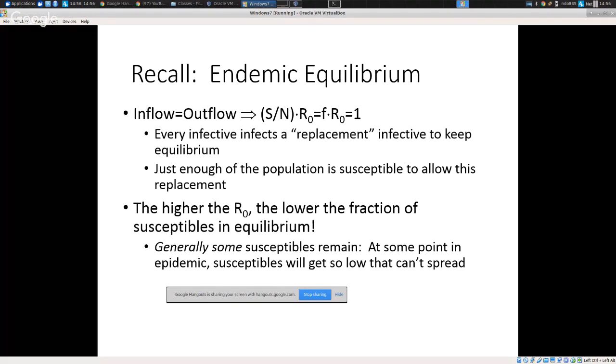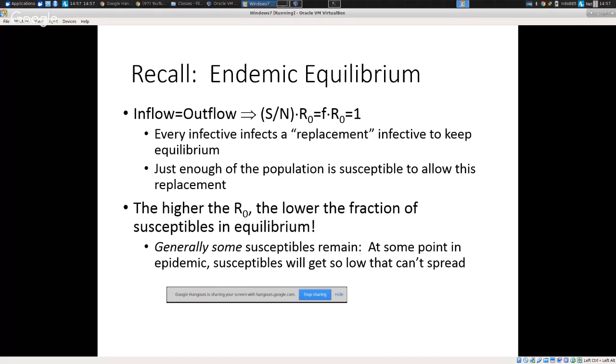So consider measles. If R0 is about 16, 1 over R0 is about 6%. So you need to immunize about 94% of the people out there to avoid a measles outbreak.